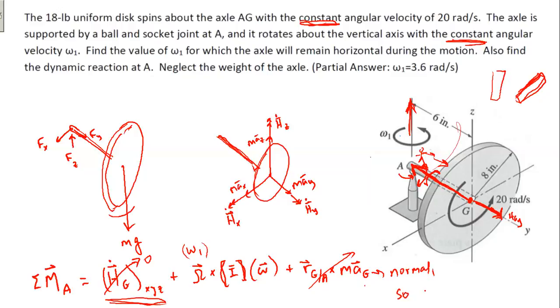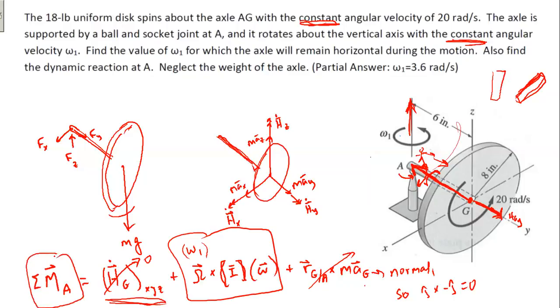And that's going to be basically j cross minus j equals 0 there. Okay, so the only thing you have left is this term, and the only unknown in that term is going to be your omega 1. This term here is just going to be your r cross mg, which is in the minus k hat direction.